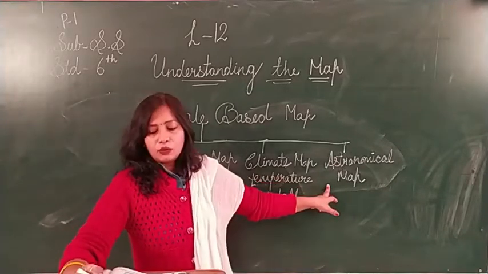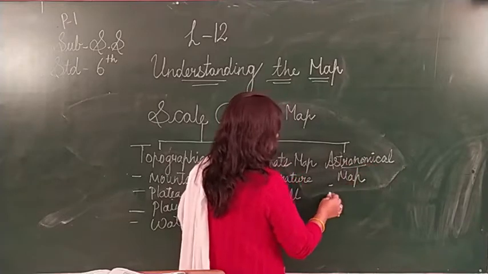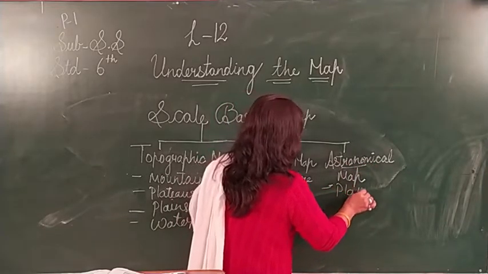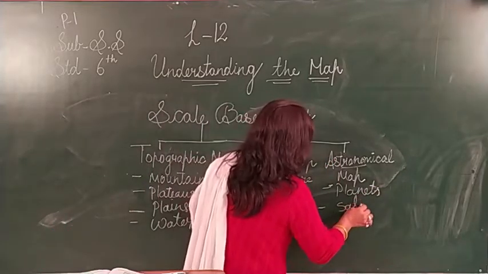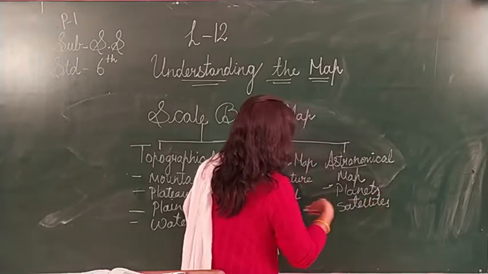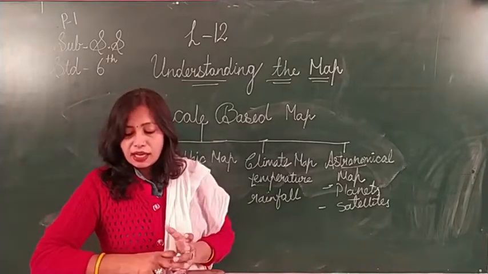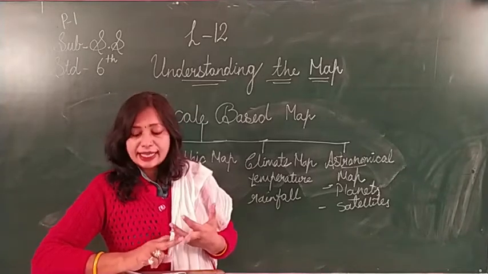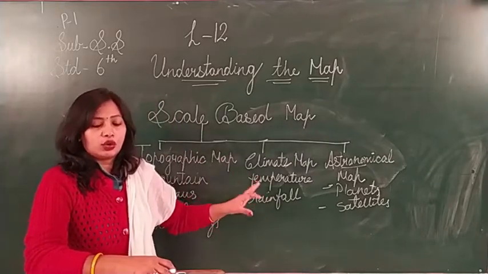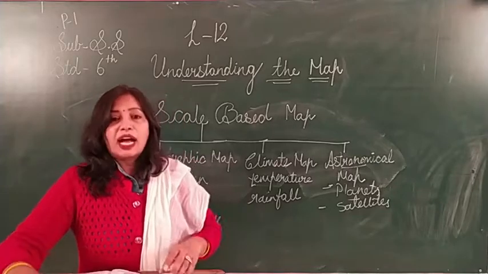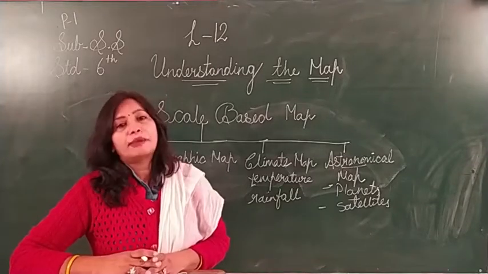You remember that in an astronomical map, we get information about planets, satellites, galaxies, stars, and constellations. For example, that today there will be a solar eclipse, or a lunar eclipse will happen at this time. All this information we get from the astronomical map.